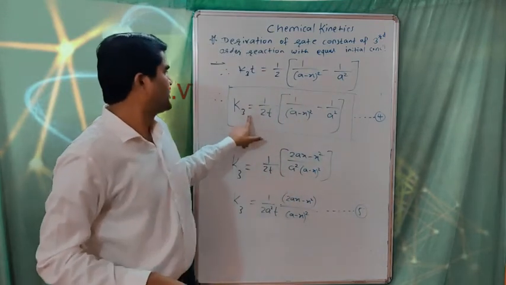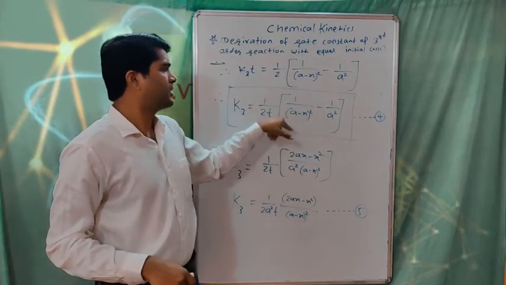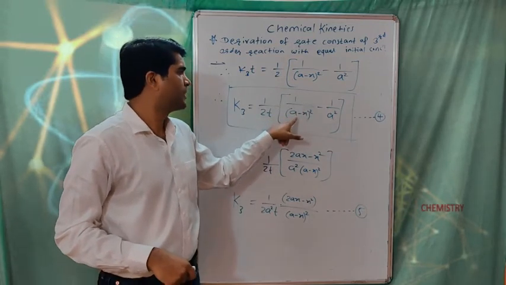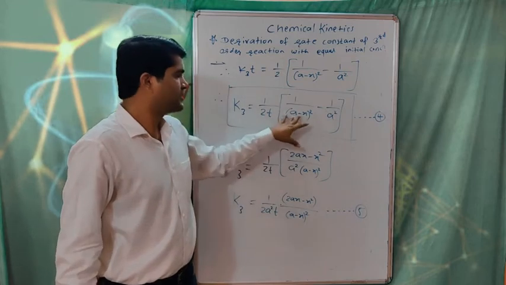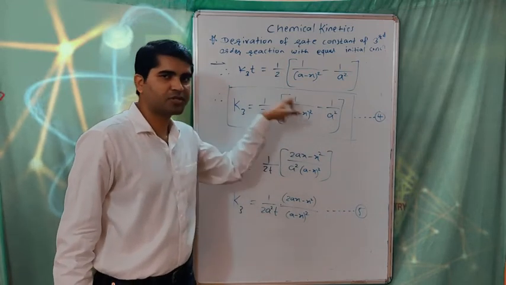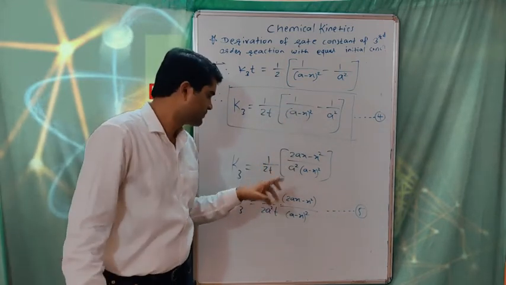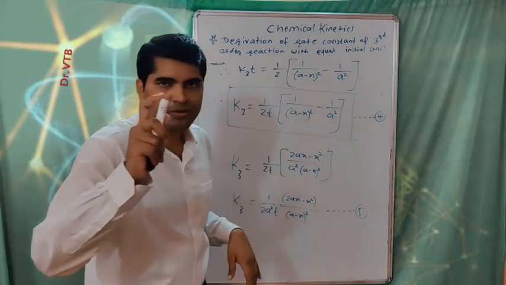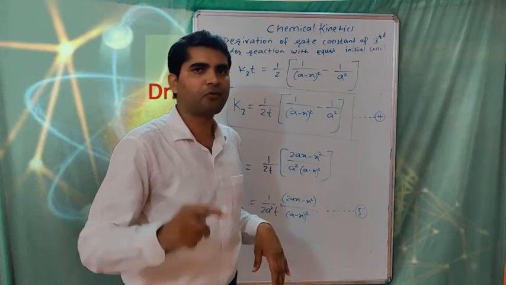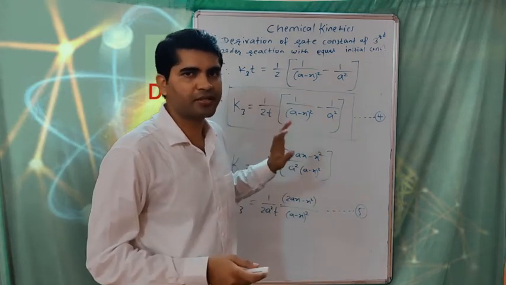So k3 is equal to 1 upon 2t in bracket 1 upon (a minus x) bracket square minus 1 upon a square, where a is initial concentration and x is concentration of product at time t, and k3 is our rate constant or specific reaction rate or velocity constant of third order reaction.